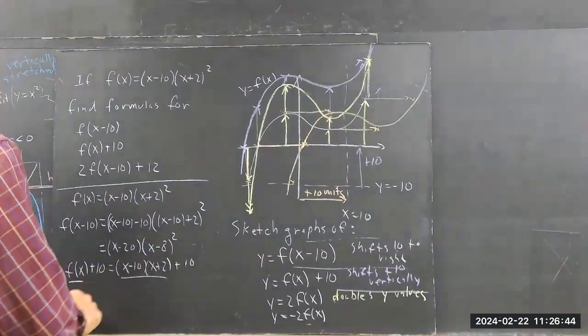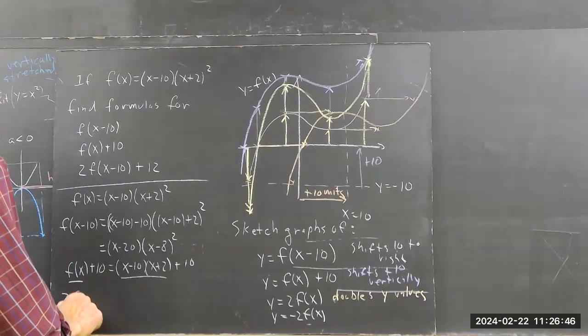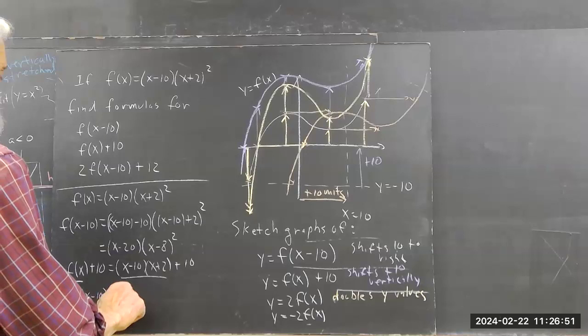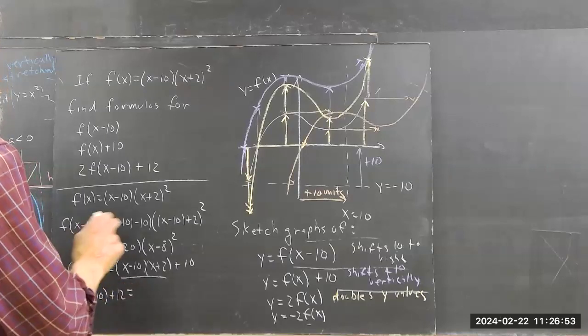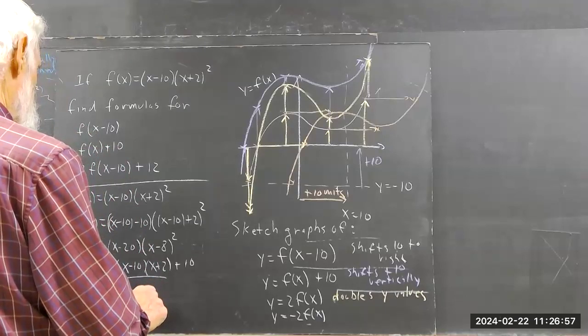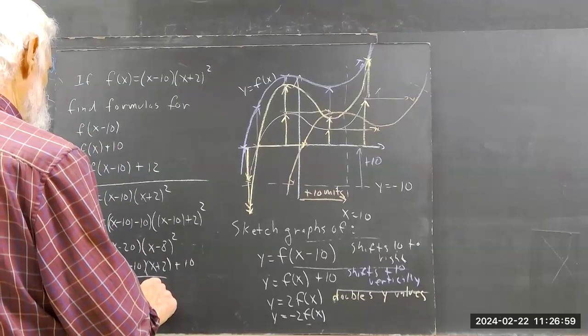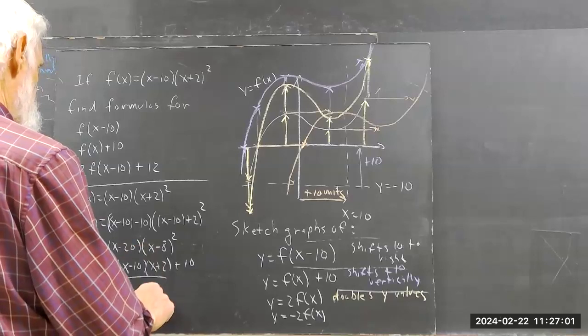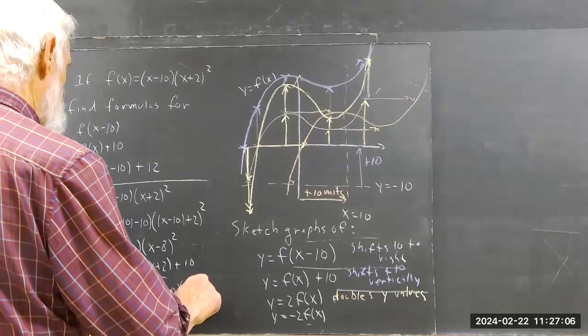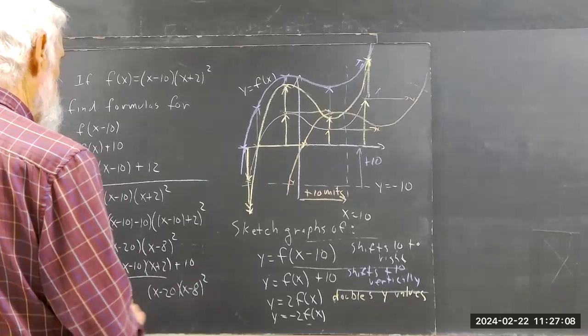Okay, so what's the formula that goes with that? It's 2 f of x minus 10 plus 12. But we already have the formula for f of x minus 10. So it's going to be x minus 20 times x minus 8 squared.